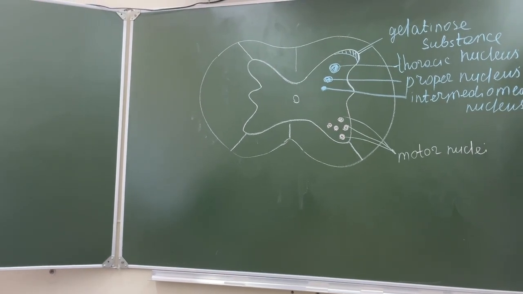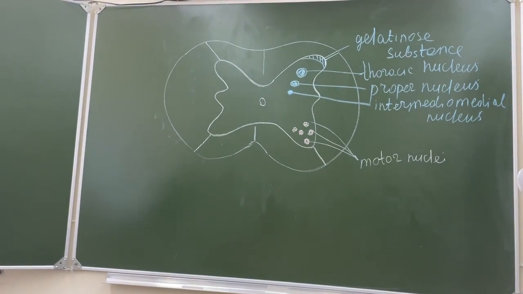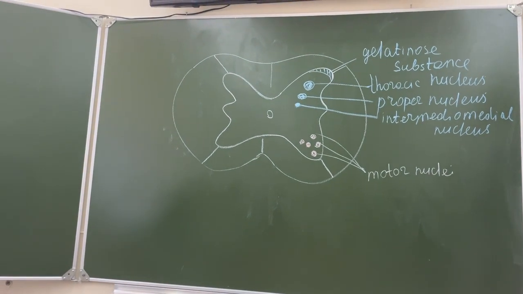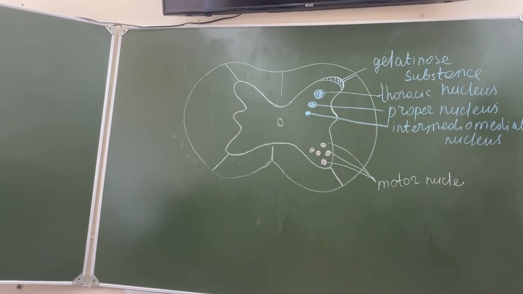The lateral horn is the place for the vegetative autonomic nervous system centers.